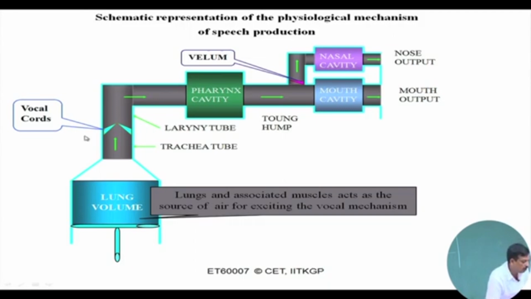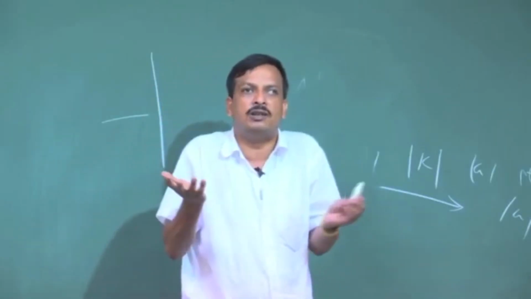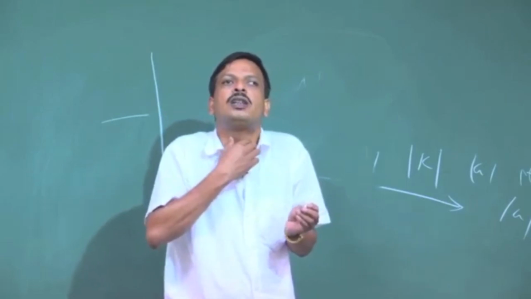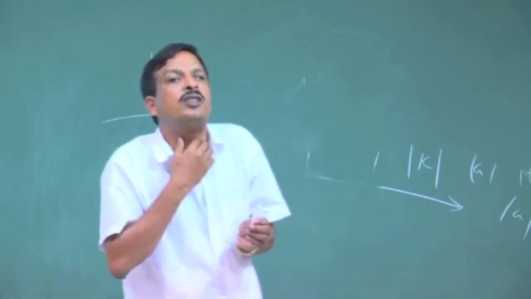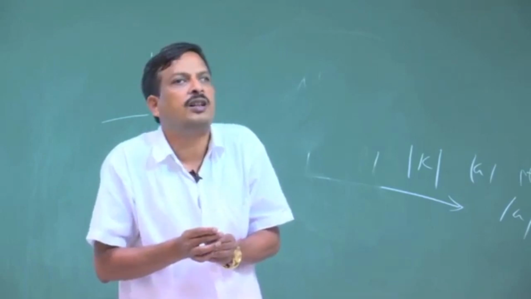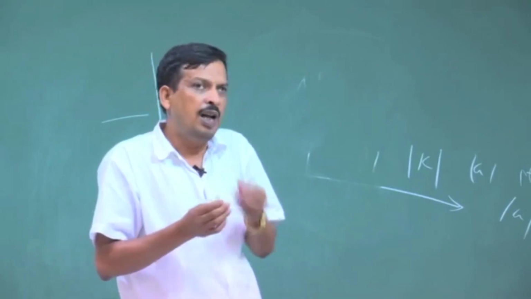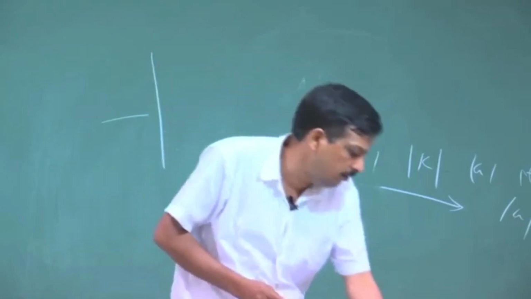Once the sound is produced, it passes through the cavity, or you can say the tube, and it is modified to create different kinds of sound, depending on the structure of this tube. So, I have a source and I have a tube. These are the two parts of sound production.